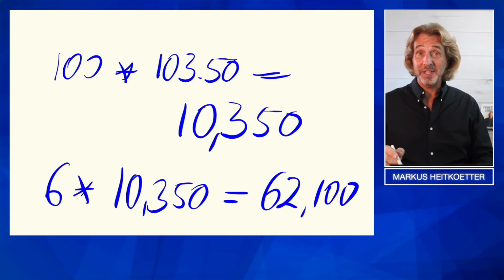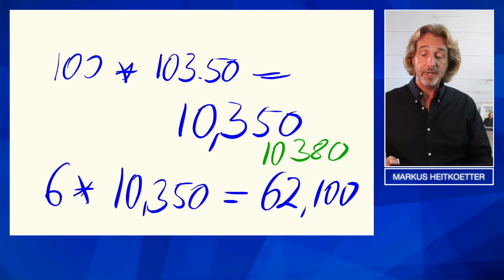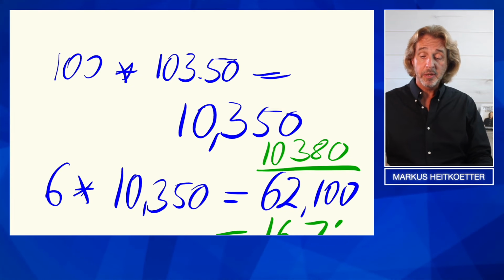Now, let's take this number and divide it by the 62,100. So we have 10,380 divided by 62,100. And you will see this is only 16.7%.